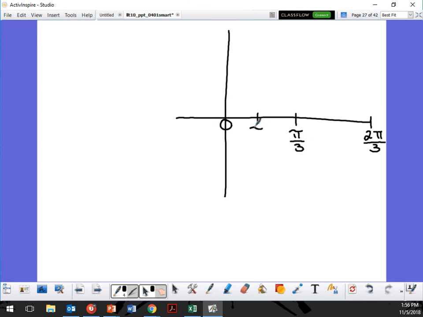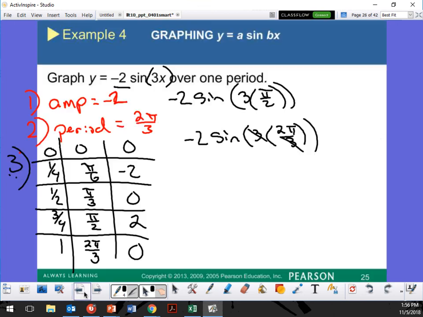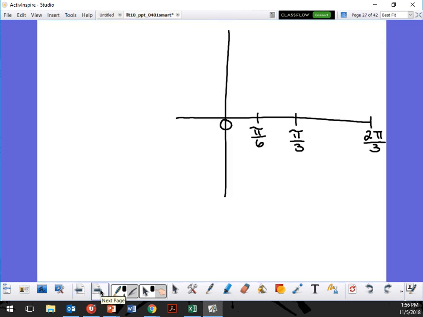This one is pi over 6. So it goes pi over 6, pi over 3, pi over 2. I asked for the half first because as you're drawing it, it's easy to do half and half. It's easier to measure it out, or estimate it. And this one was pi over 2. My amplitude goes down to negative 2, and it goes up to positive 2.